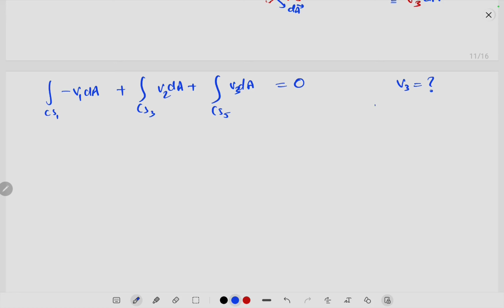Now, given that V1, V2 and V3 are constants independent of the position of dA, let's say your control surface is like this, and you have drawn dA here, or here, or here.